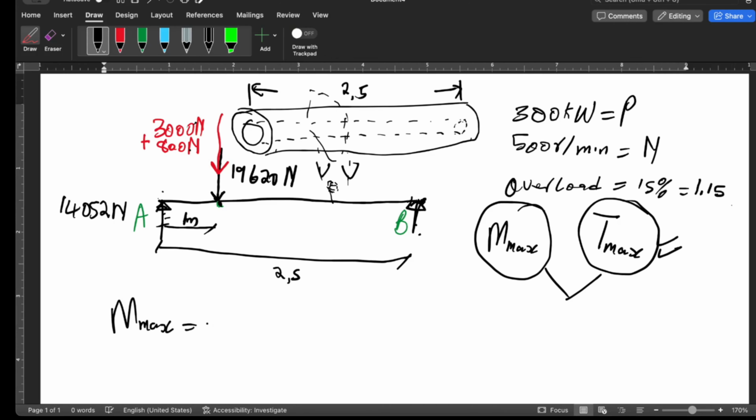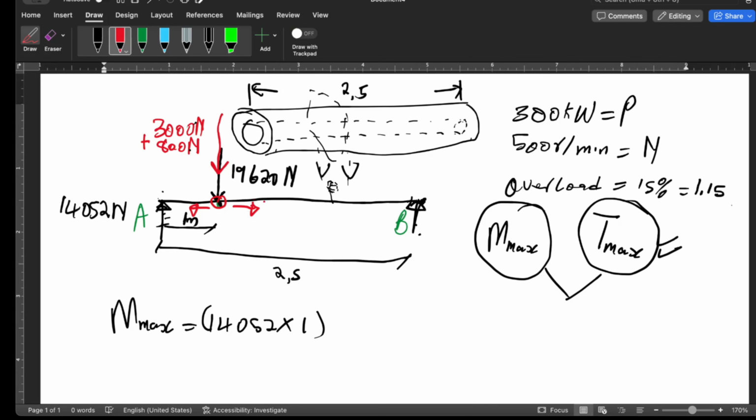14 times 1. Do you understand how to calculate bending moment? And if we are calculating bending moment at this point here, it's either you calculate from the right or you calculate from the left.